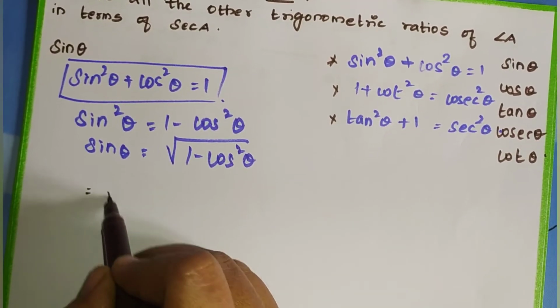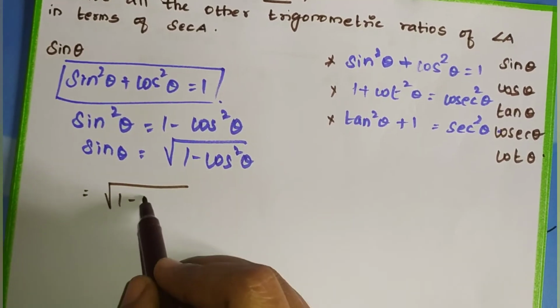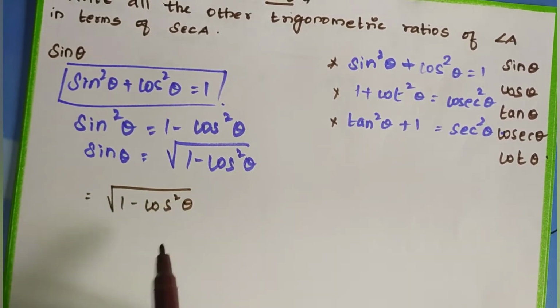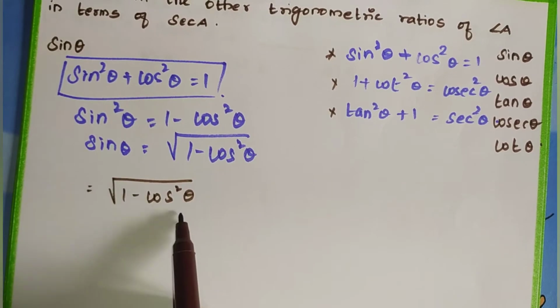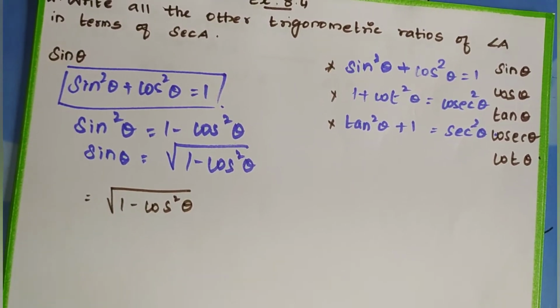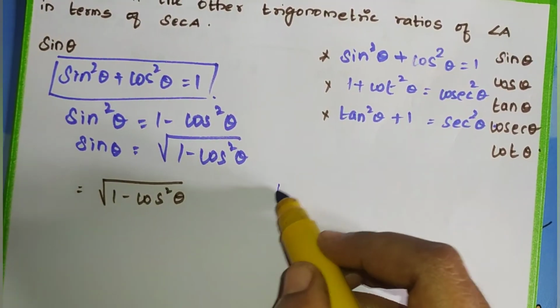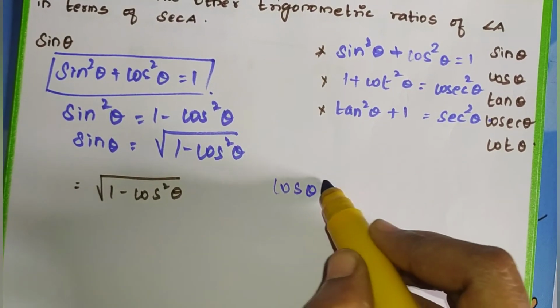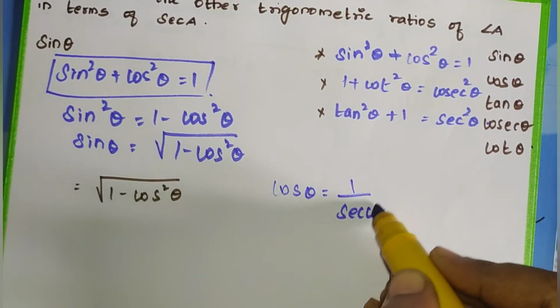Now write root of 1 minus cos square theta. This cos square theta we can write in terms of secant by a reciprocal formula. Cos theta is equal to 1 by secant theta.